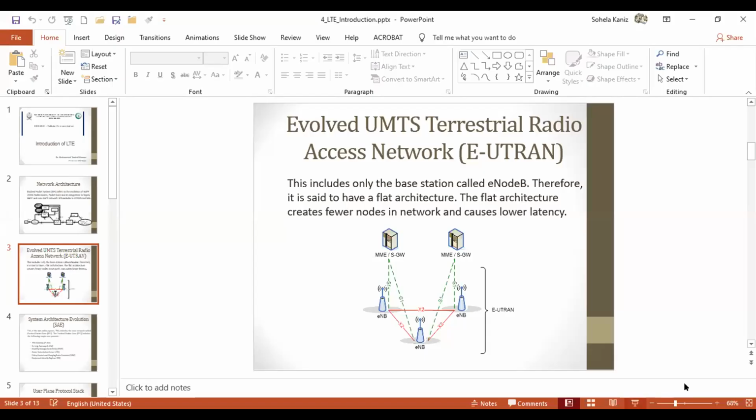Now you can see, right? Sir, the screen is showing black. I think you can disconnect and then connect again. I have just closed my PowerPoint slide and opening it again.